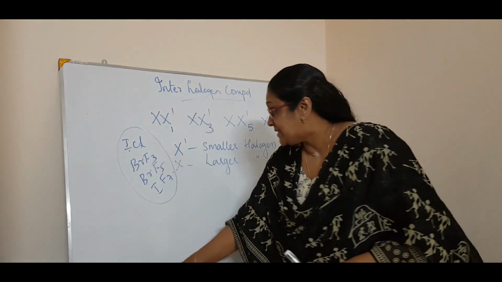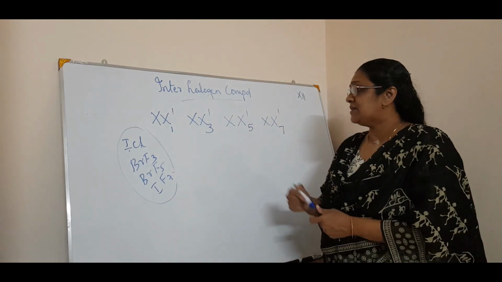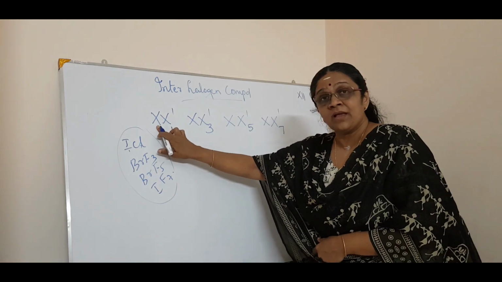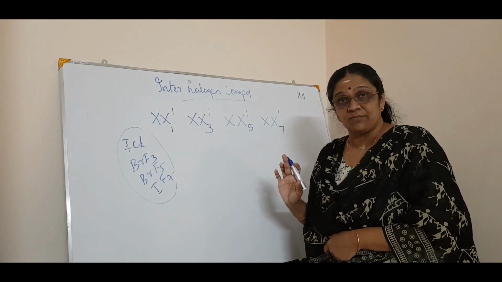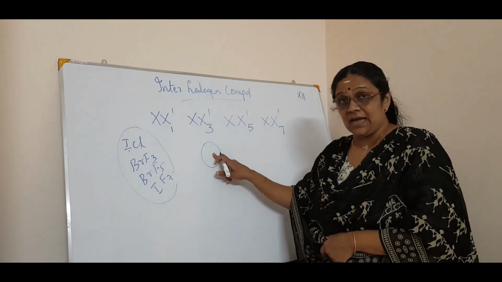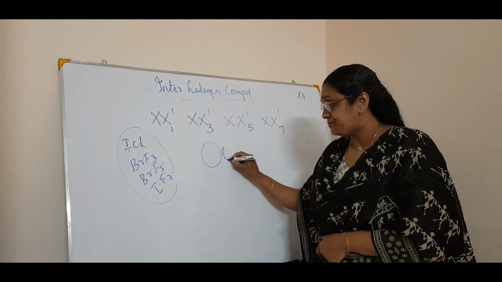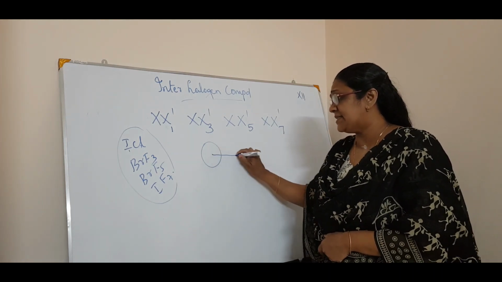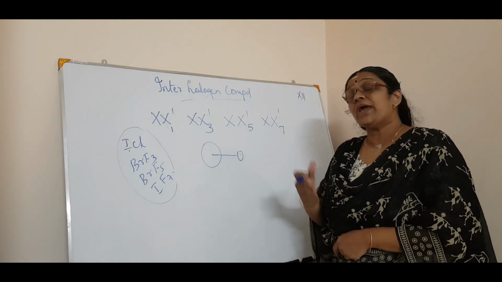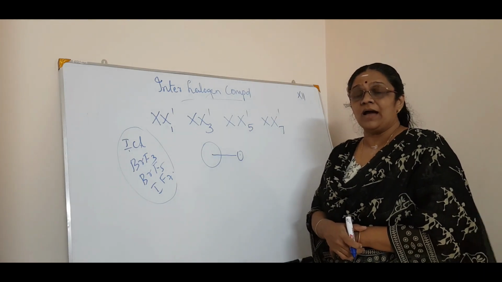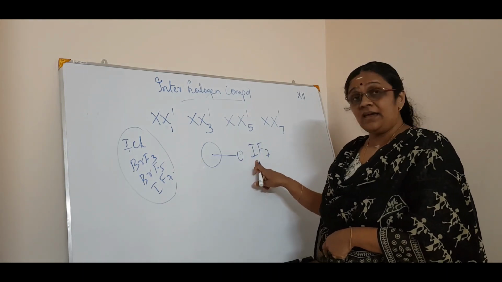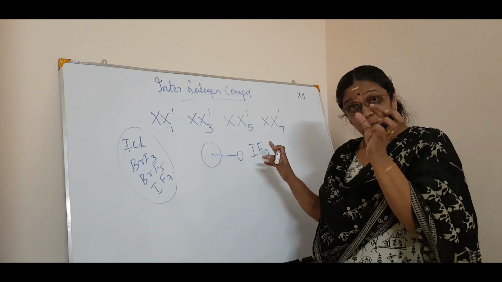And as we already told, this is a smaller atom and this is a larger size atom. Now, if the radius is increased, for example if this is a big atom and this is a small atom, then from the combination of these halogens you can have more atoms in that compound. For example, IF7, with I being a bigger one and fluorine being a very small one.